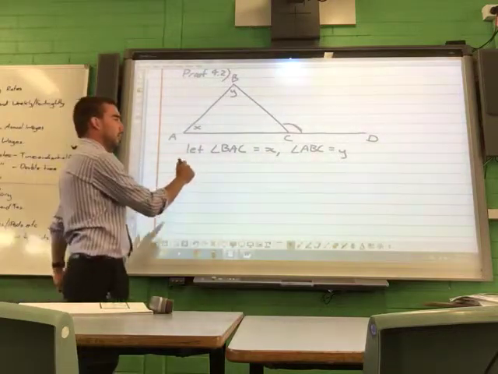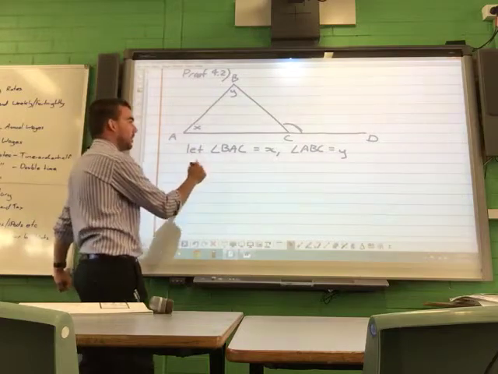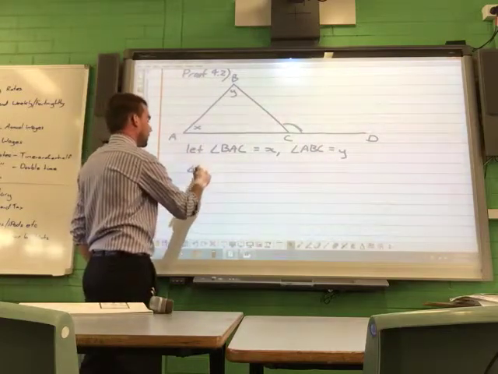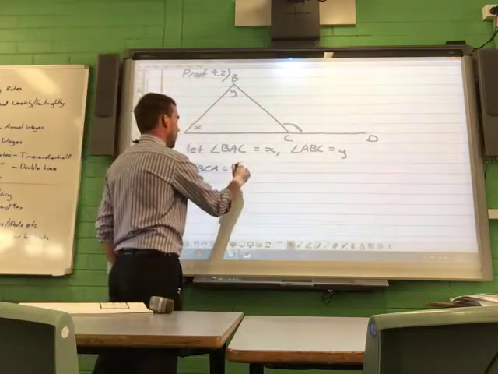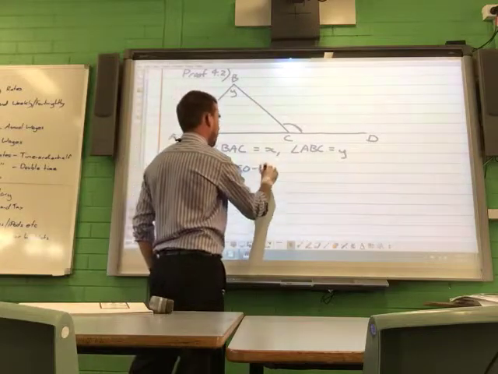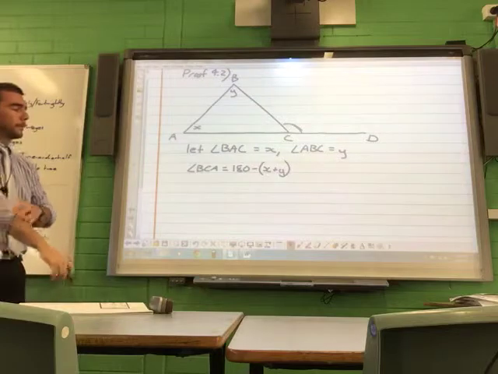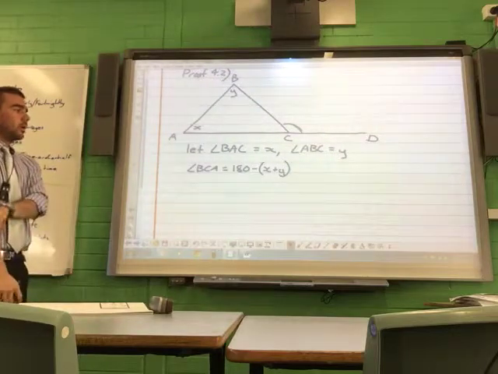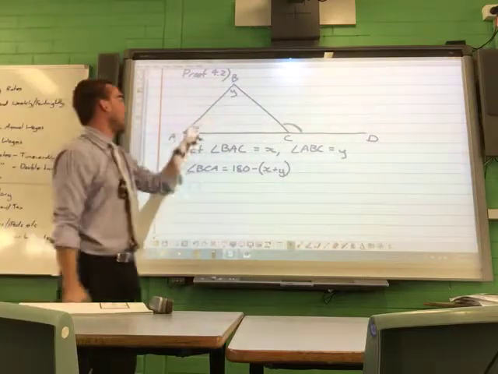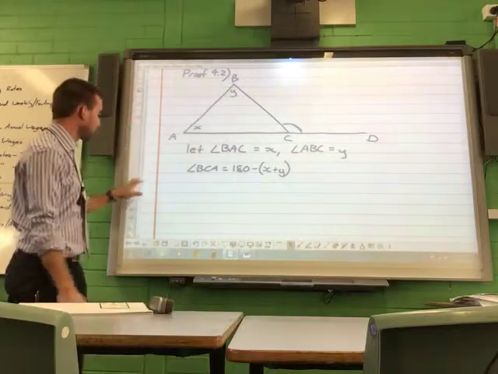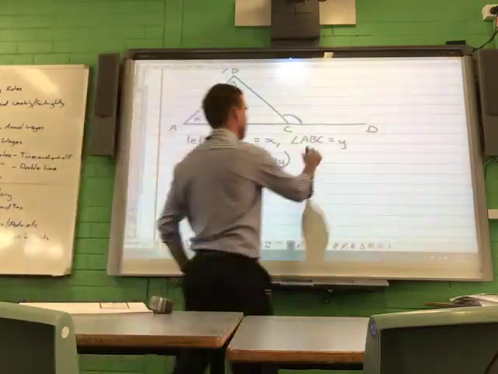Angle BCA equals 180 minus X, minus Y. Angle BCA is going to be 180 take away the sum of the other two angles, so we need that in the bracket. Alright, and a reason.